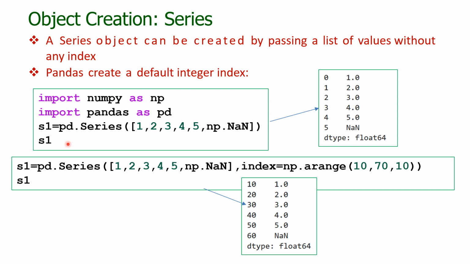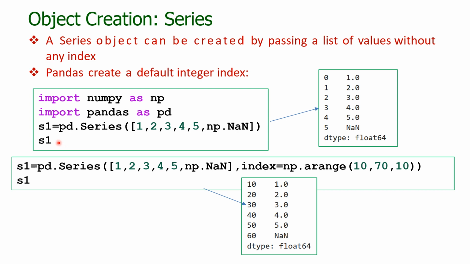Now let us see the code for creating a Pandas series object. s1 equal to pd.Series. Here we are passing the data, which includes 6 different values, and the last value, if you observe, is np.nan. NaN stands for not a number, and this NaN value is defined in the numpy package. That is why we have to import numpy also in addition to pandas.